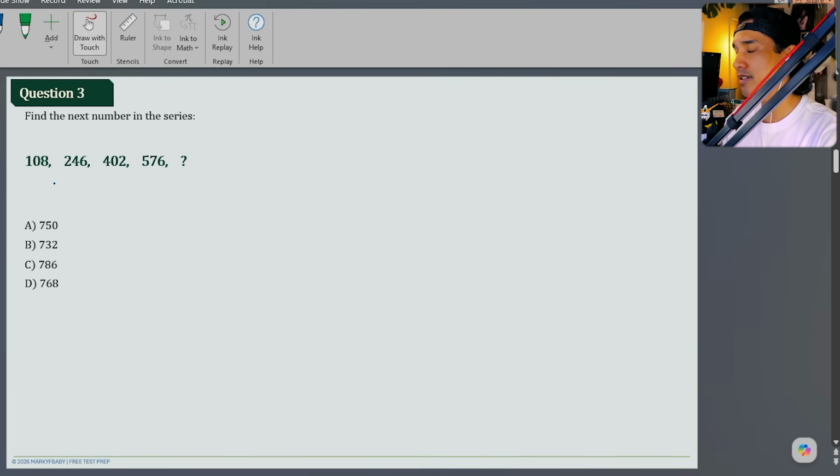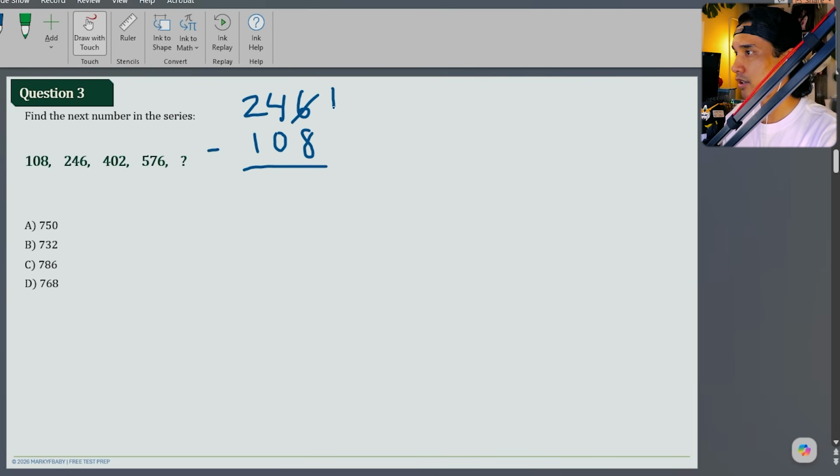First thing that I notice is, okay, they are increasing. So let's go ahead and do this. Let us find the differences between the numbers. So what is happening from here to here, here to here, here to here, right? So I'm just going to do some subtraction. So what is 246 minus 108, right?